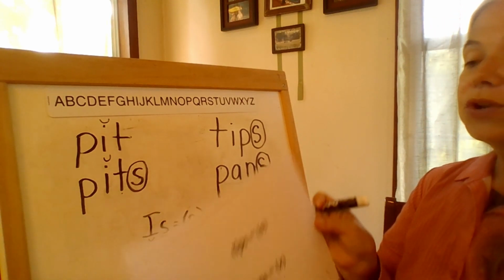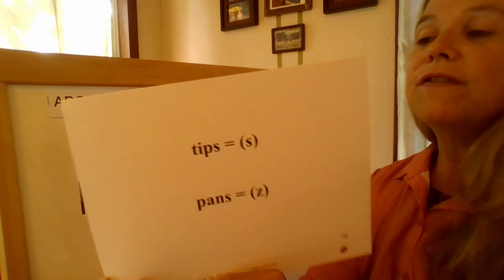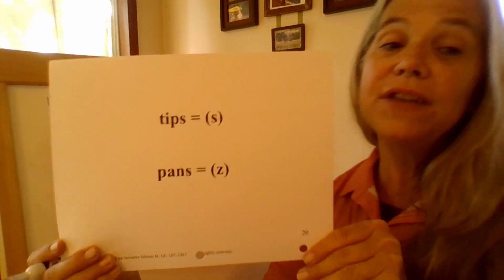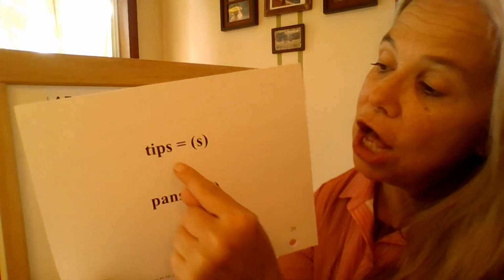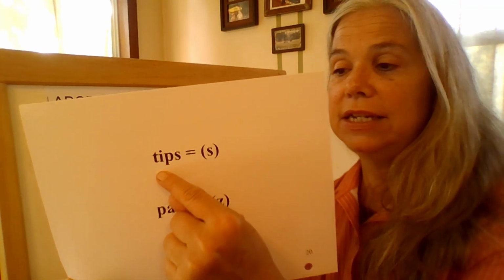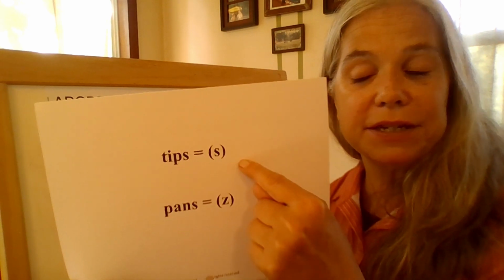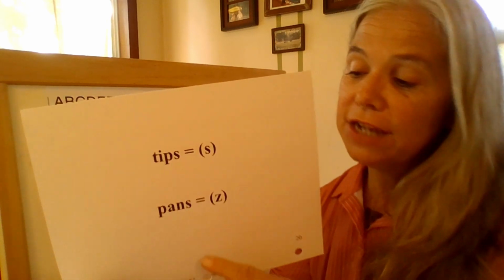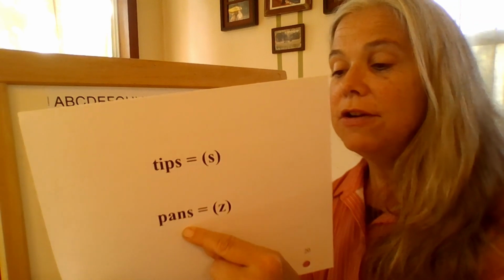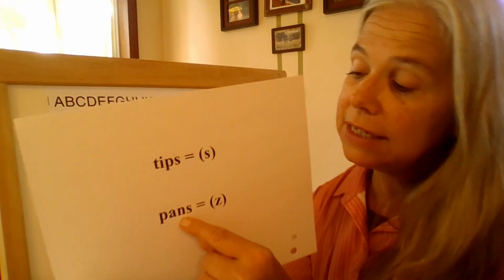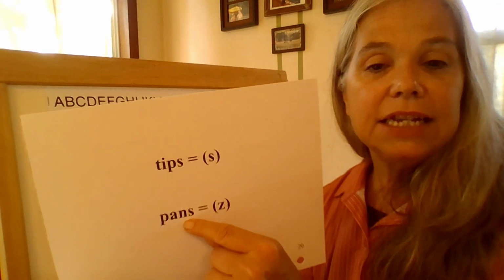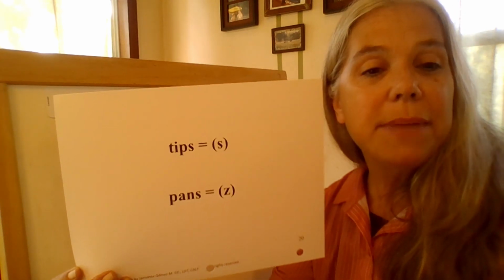Okay, that's our new learning for today. If suffix S follows an unvoiced consonant, the S is unvoiced, as in tips. If suffix S follows a voiced consonant, the S is voiced, as in pans.